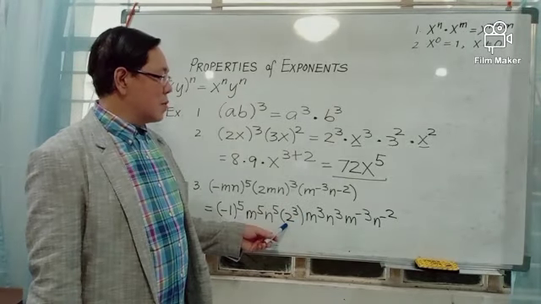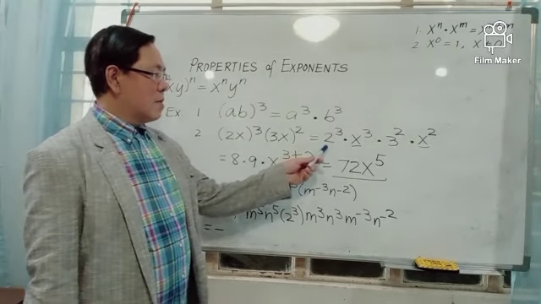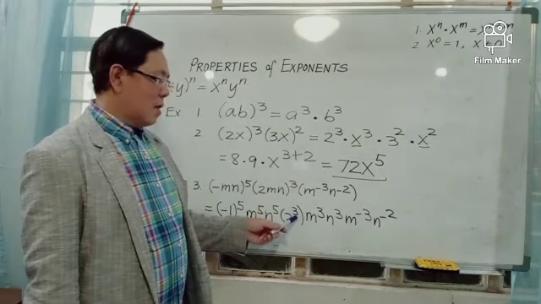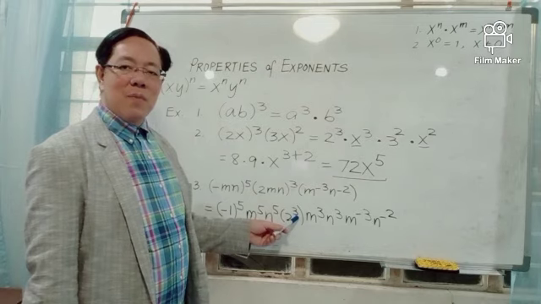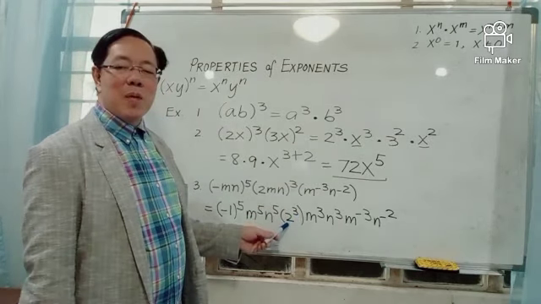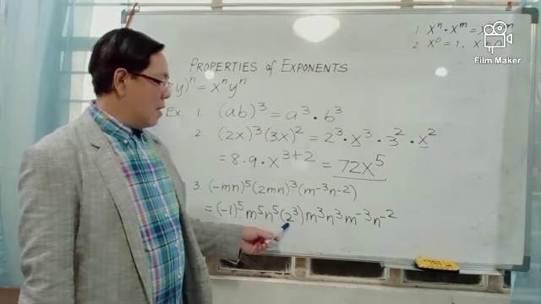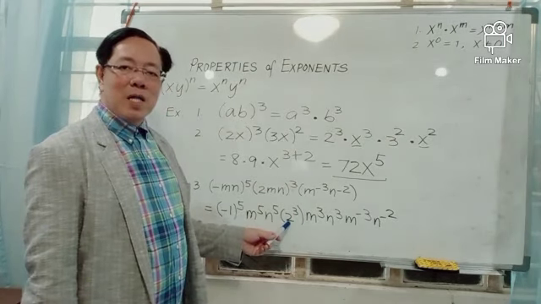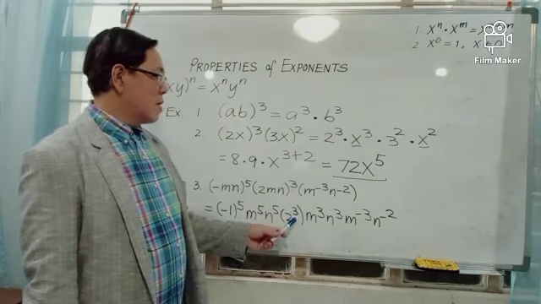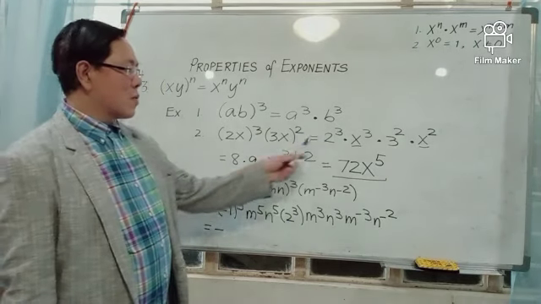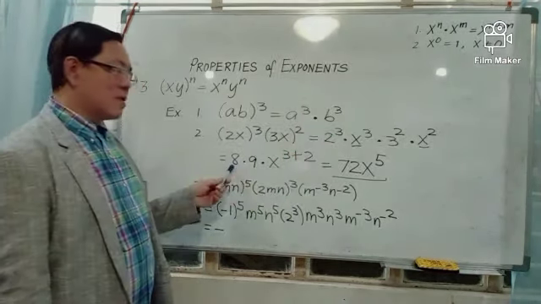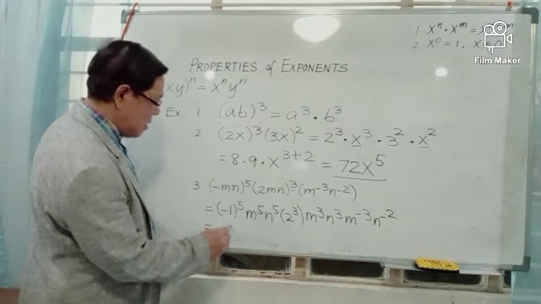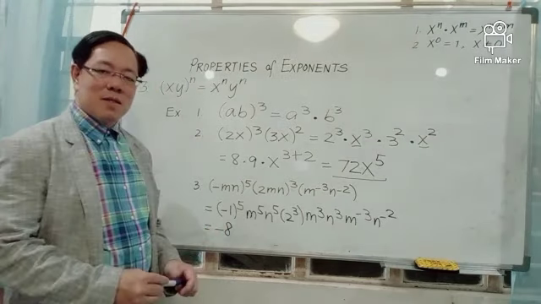It means you multiply 2 by itself 3 times. The exponent 3 indicates the number of times that you have to multiply the base by itself. So 2 to the power 3 means you multiply the base 2 by itself 3 times. And we have done that. We get 2 to the power 3 equals 8. Multiplied by negative 1 is negative 8.